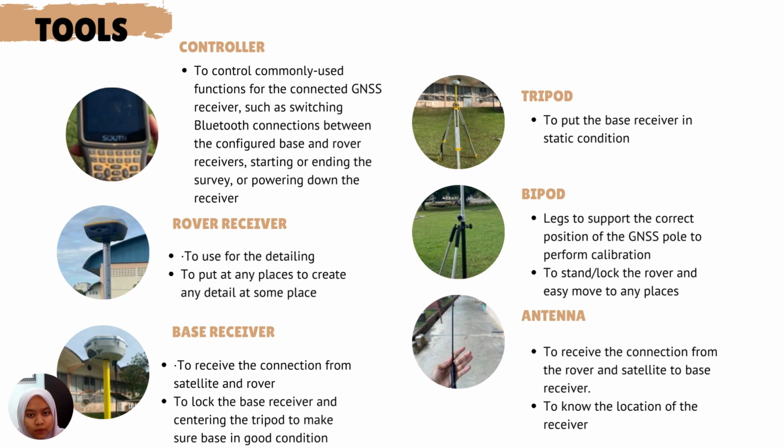Next equipment is the tripod, to put the base receiver in static condition. Next is the bipod, used to support the correct position of the GNSS pole to perform calibration, to stand or lock the rover and easily move to any place.